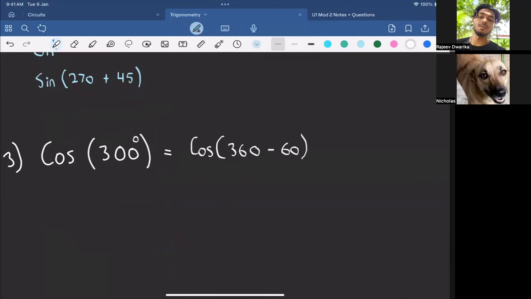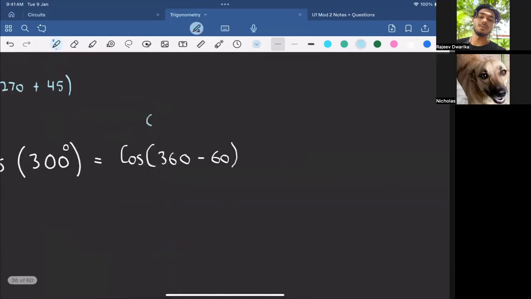Or we could see if we could think of two angles you could add. 270 and 30.